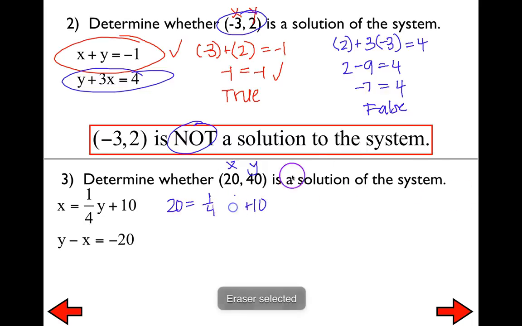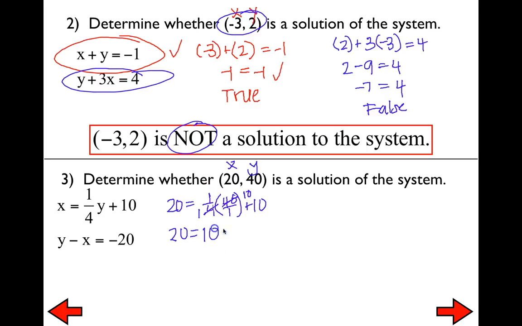Instead of putting 40 like that, I'm going to write it as a fraction, so it's easier for me to cross cancel if possible. I do notice 4 and 40 have 4 in common. So 4 divided by 4 is 1. 40 divided by 4 is 10. So I'm left with 20 equals 10 plus 10. And then that leaves me with 20 equals 20. This is a true statement. So this is going to work.